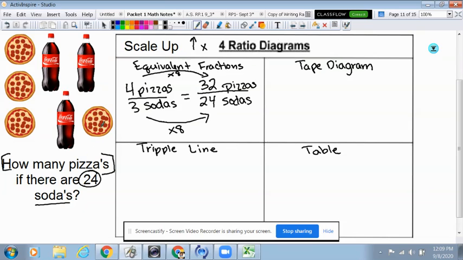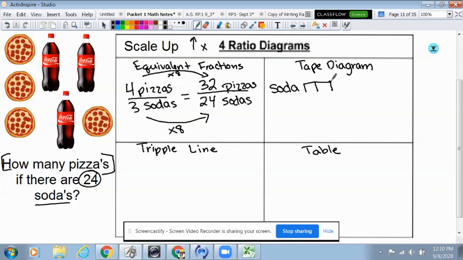I'm going to take this same problem and show you 3 different ways to set it up as well, aside from equivalent fractions. One way is a tape diagram. And this is important that we keep our squares even, and I will show you what I mean. So I'm going to label them again. Actually, I'm going to put soda first. Soda, and I have 3 sodas, so I'm going to make 3 boxes.